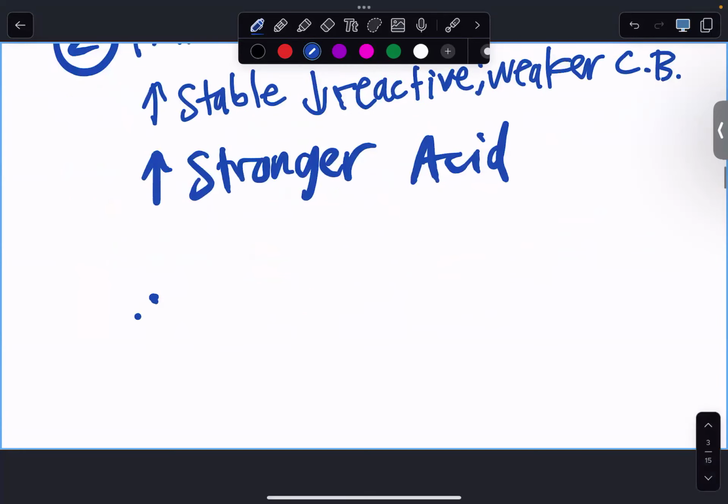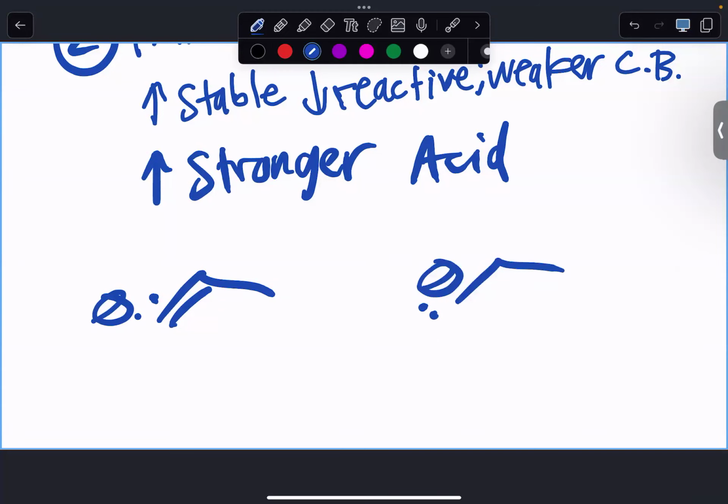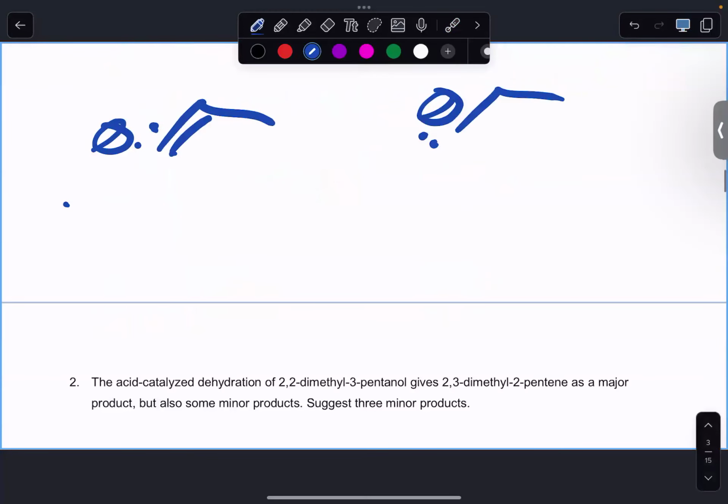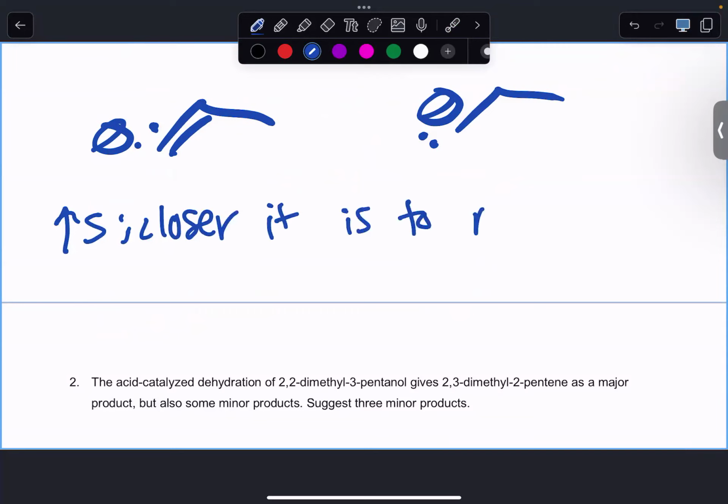So the conjugate base of ethene looks like this. Conjugate base of ethane looks like this. So the more s character a carbon has, the closer it is to the nucleus, which is composed of protons, which are positive charges.